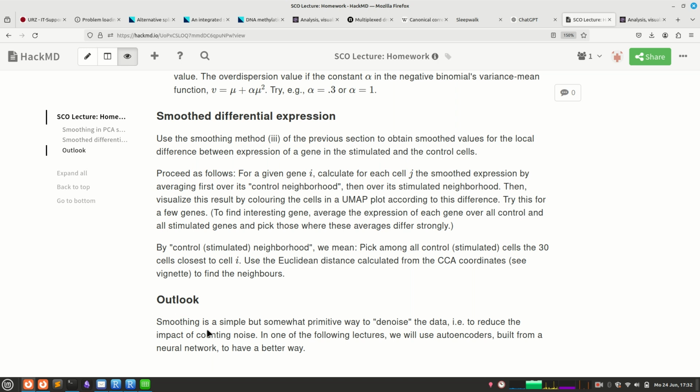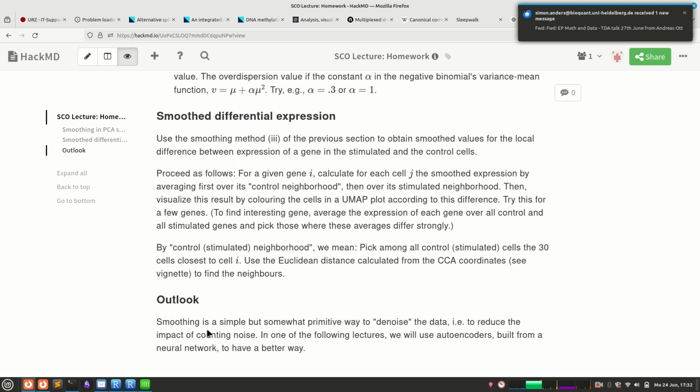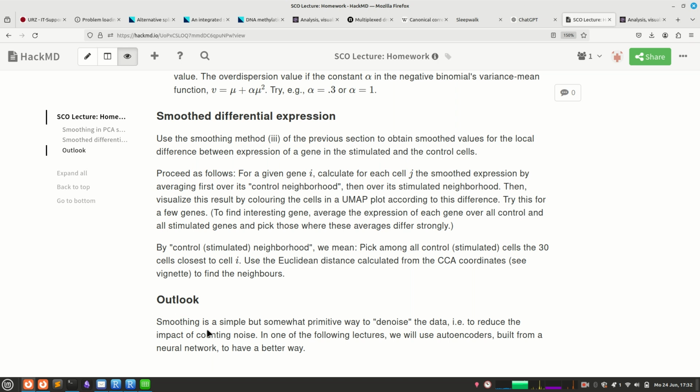And one thing that people do a lot instead is to use a neural network, a so-called autoencoder. And let's see if I manage till next time or the time afterwards, and then I show you this thing.